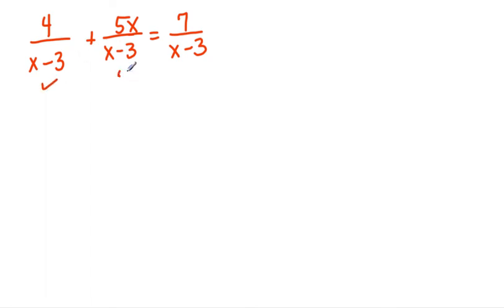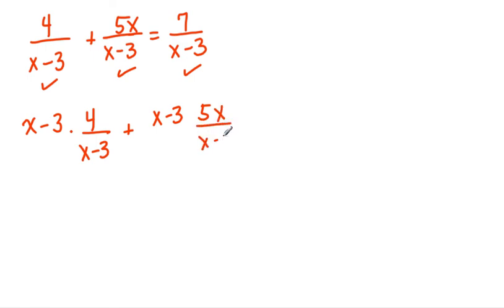X minus 3, X minus 3, X minus 3. So the LCD, if they're all the same, has to be X minus 3. This is a little bit of overkill for some of you, but not for others. X minus 3 times this one plus X minus 3 times the second fraction equals X minus 3 times the other side.